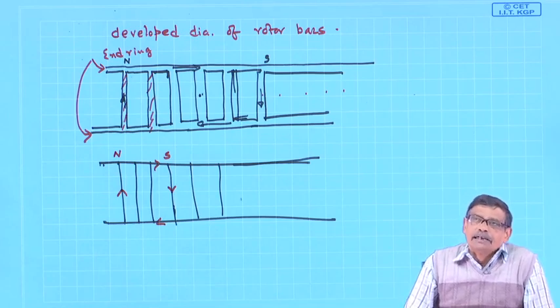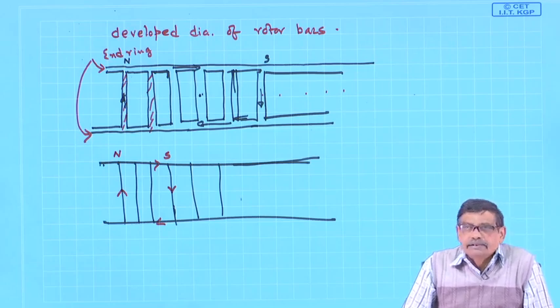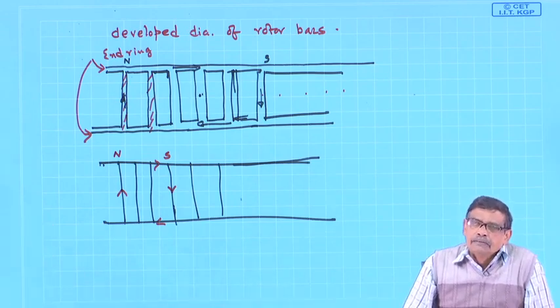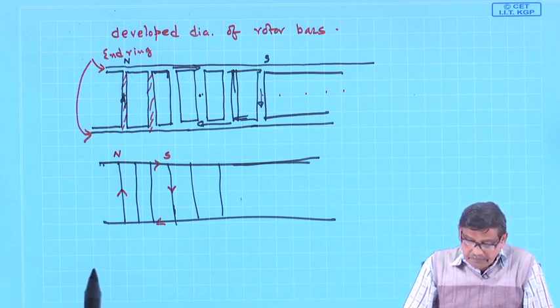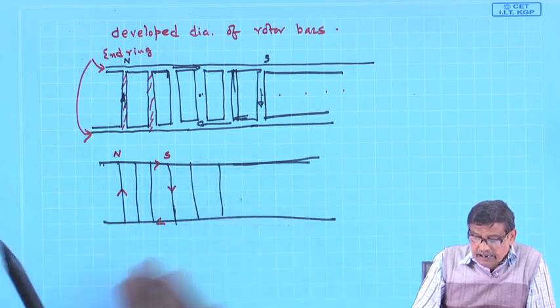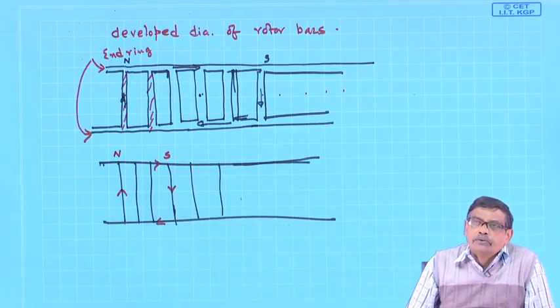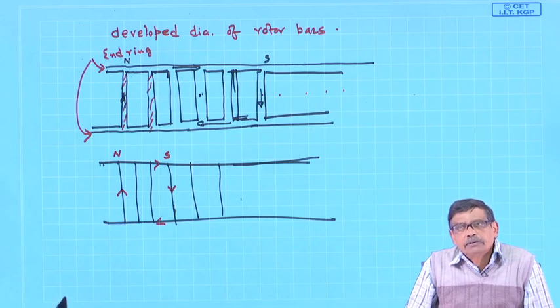That is why people say a cage induction motor can adjust itself to any number of poles, in general any number of poles as produced by the stator. So, it is a very nice thing. In fact, this was one of the reasons that cage induction motor you can have at least 2 speeds, provided you have got 2 sets of stator windings.